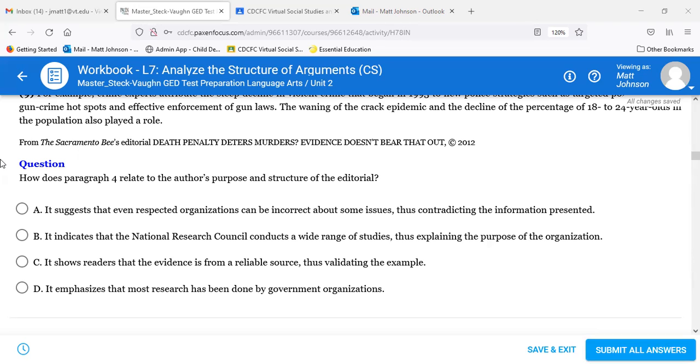B. It indicates that the National Research Council conducts a wide range of studies, thus explaining the purpose of the organization. C. It shows readers that the evidence is from a reliable source, thus validating the sample. D. It emphasizes that more research has been done by government organizations.